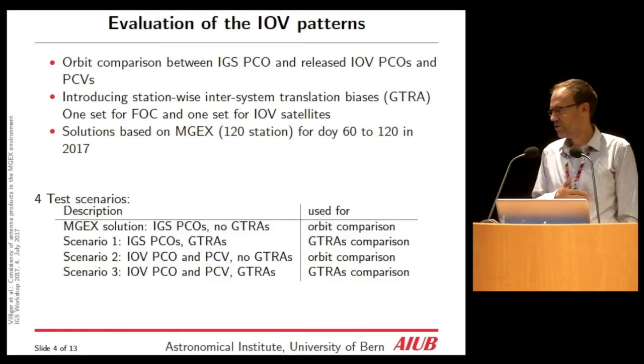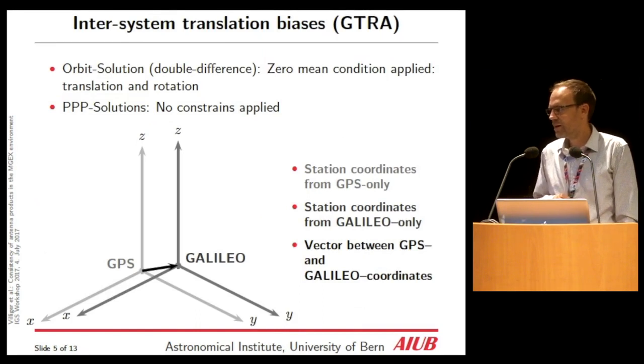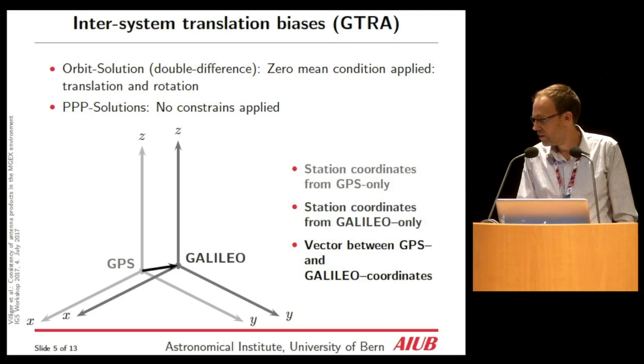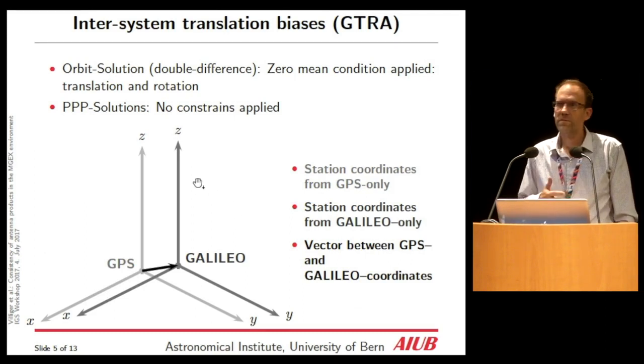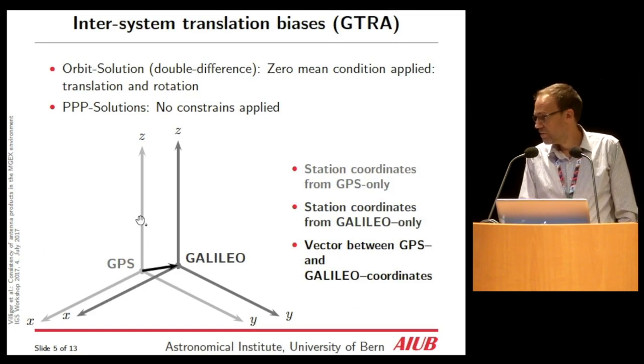Now I want to shortly introduce what these inter-system translation biases are. To understand, one can make a small assumption. We have a GPS station or a GPS Galileo station. If I produce a GPS only solution, I get a coordinate, which is now the light gray coordinate system.